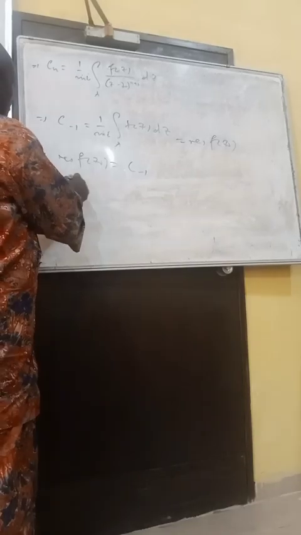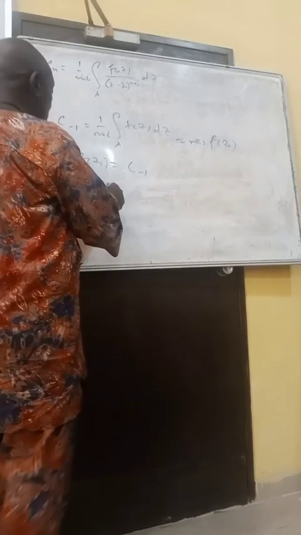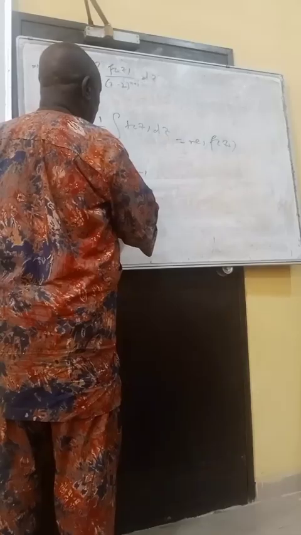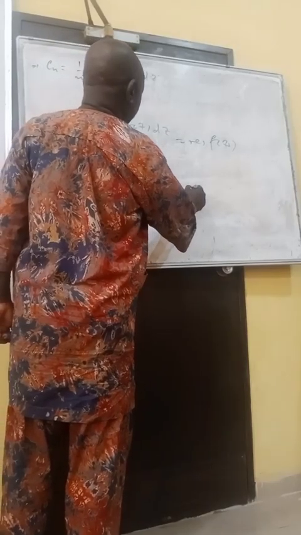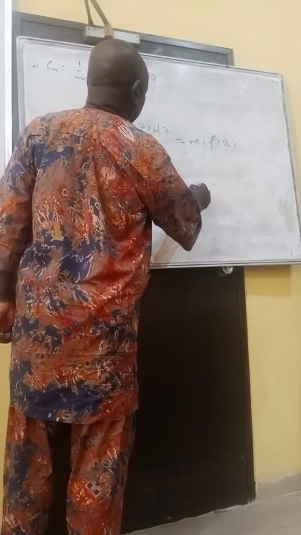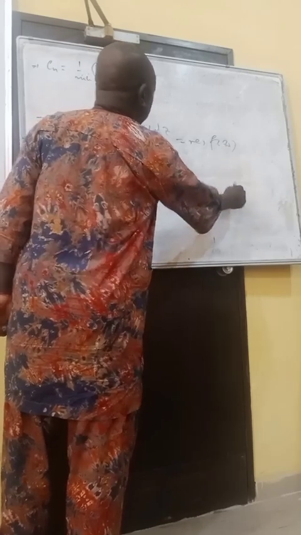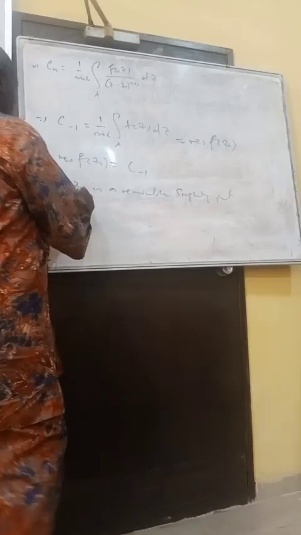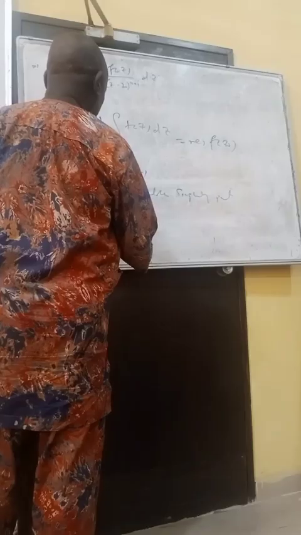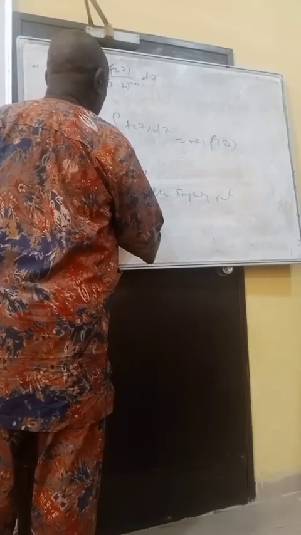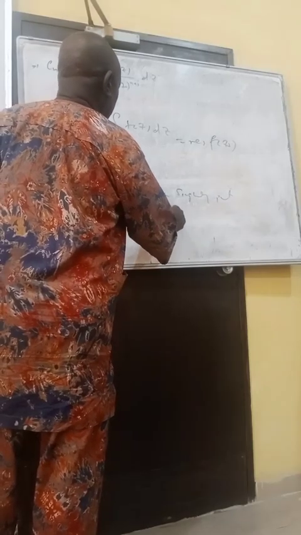If z naught is a removable singularity point, you see that f of z will be equal to summation from 0 to infinity Cn (z minus z naught) raised to power n.